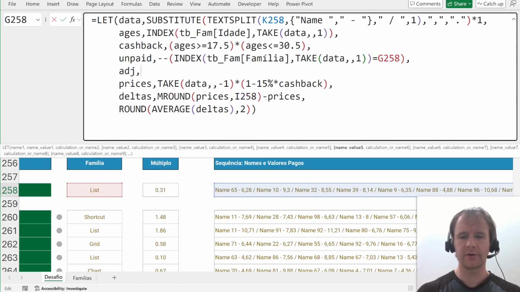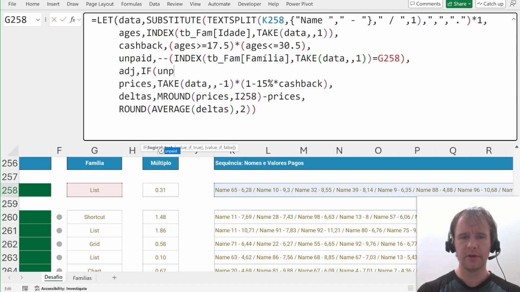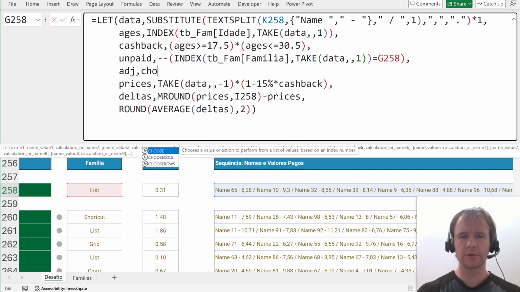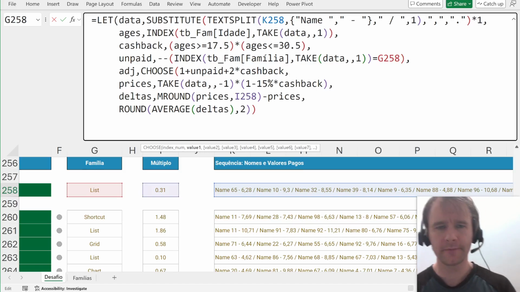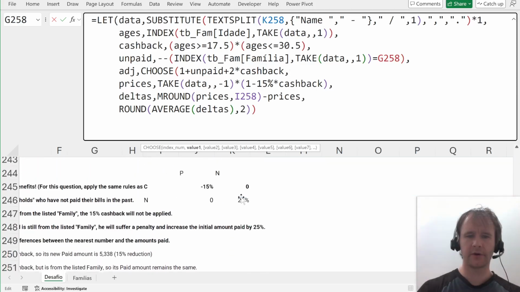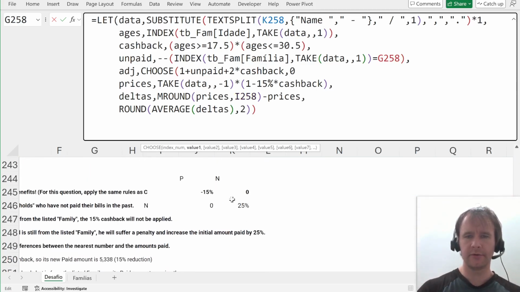So then, say adj is going to be if unpaid. Let's just do choose. What do I want to say here? I want to say 1 plus unpaid plus 2 times cashback. Is that too complicated? I'm going to do it. So if you're not unpaid and you're not cashback, then it's 0.